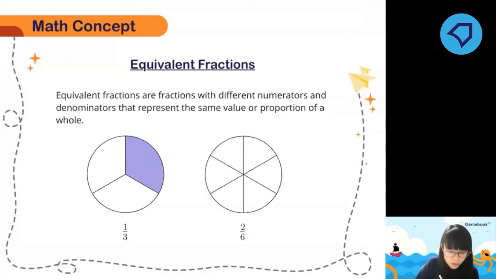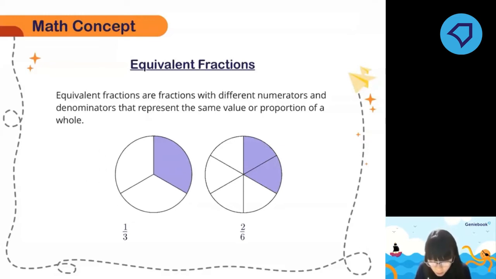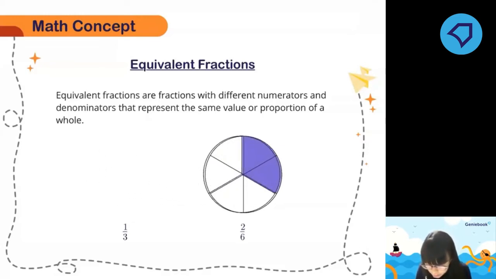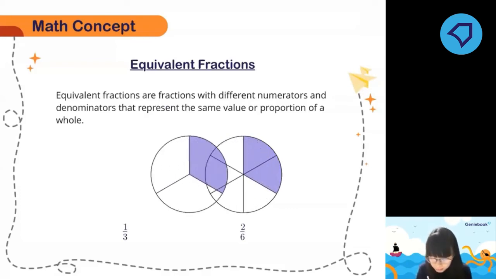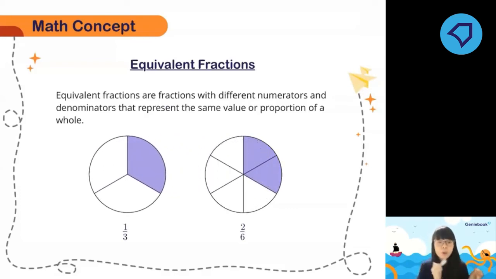I'm going to shade 2 parts of it. What do you realize when I move this in? What do you guys realize? They are the same. Okay, so 1/3 and 2/6, they are the same.